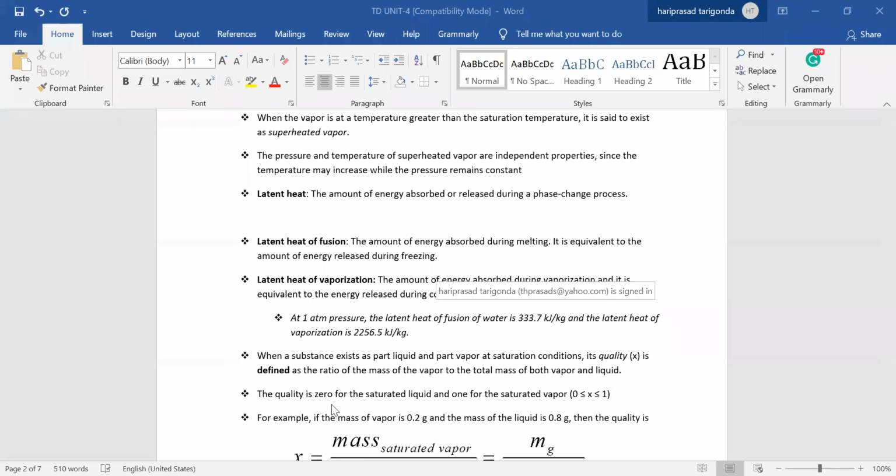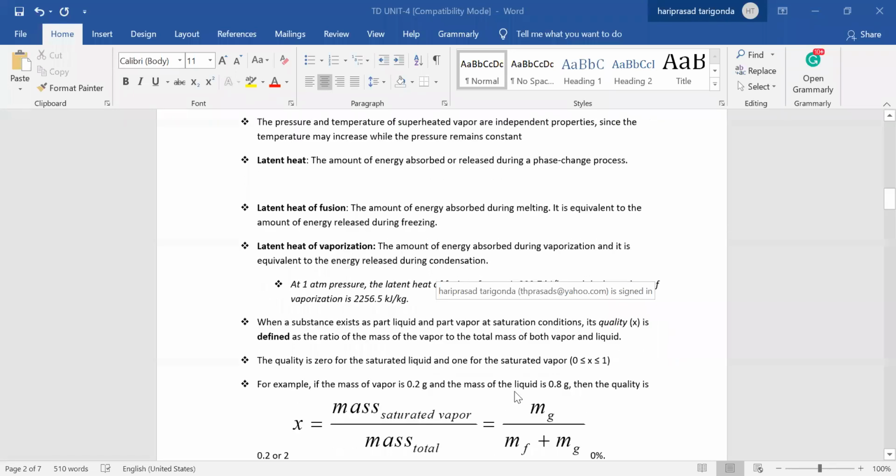Generally, the quality is zero for the saturated liquid, and for the saturated vapor it is one. Therefore, for any steam, the dryness fraction lies between 0 and 1. Minimum value is 0 and maximum value is 1.